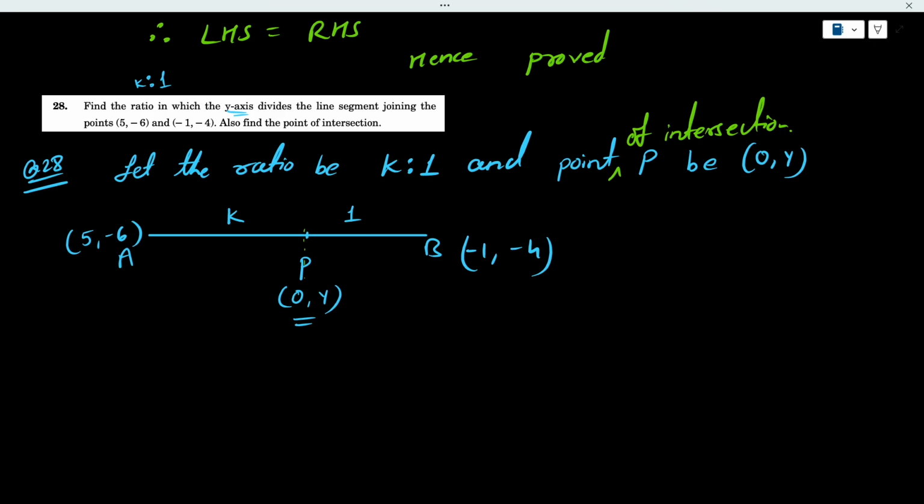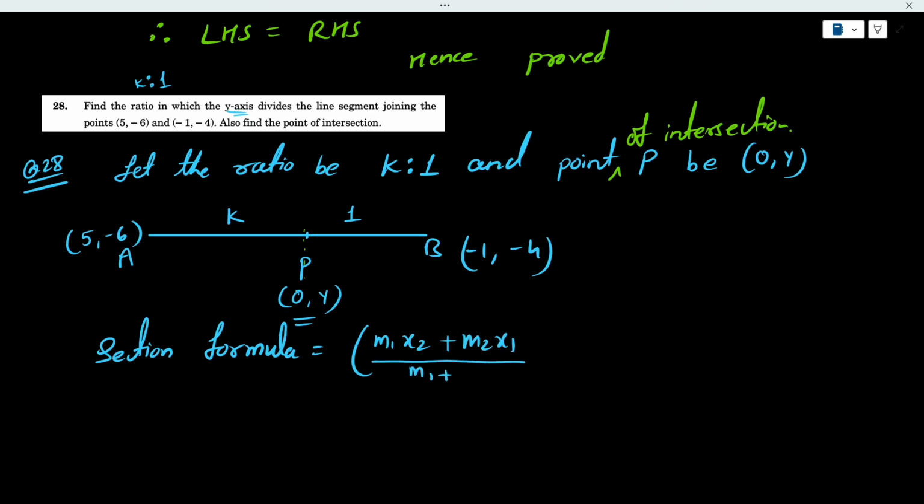What is the section formula? It is m1 x2 plus m2 x1 by m1 plus m2, comma, m1 y2 plus m2 y1 by m1 plus m2, right? So this is your section formula.